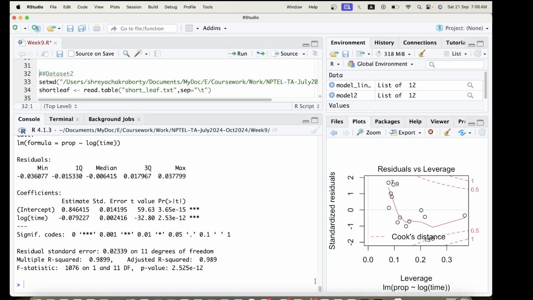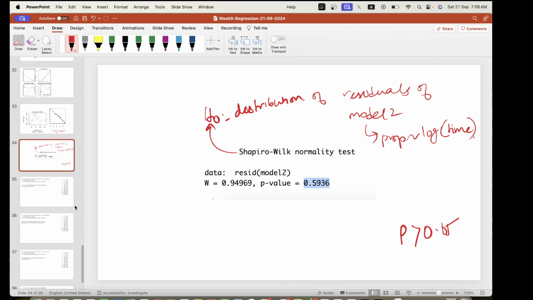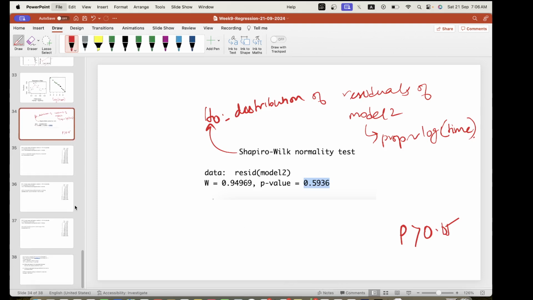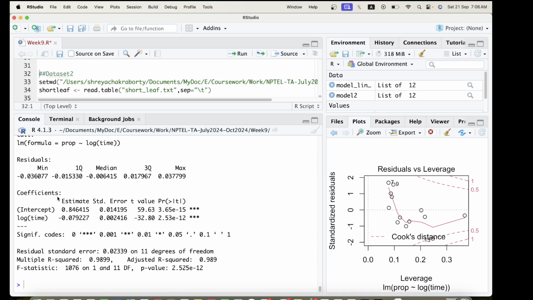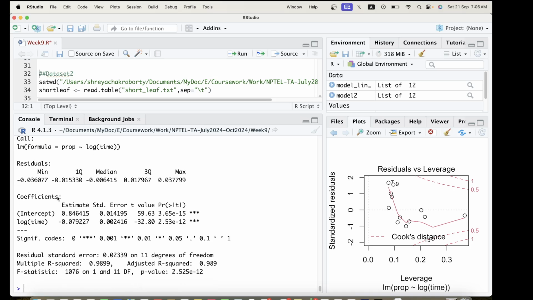Okay, now let us see what sort of research questions we can answer from here. They are asking, is there an association between time since memorized and effectiveness of recall? To see this, this is actually our final model, so I'm just going to keep it here.